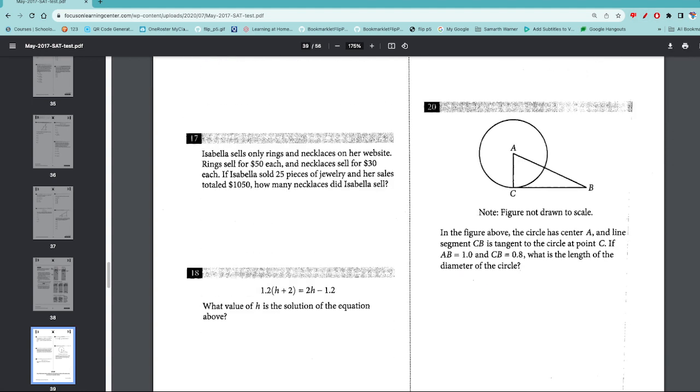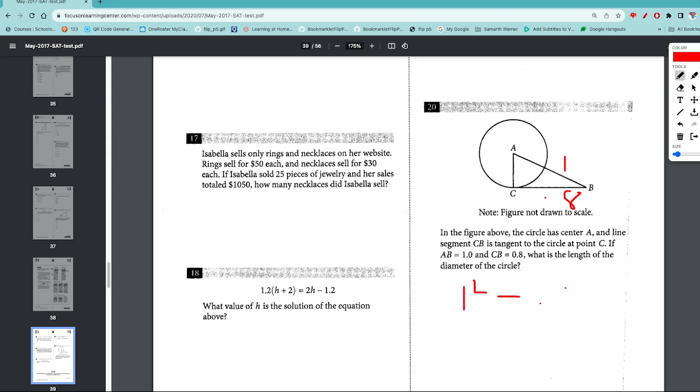Alright, 20. What is the length of the diameter of the circle? We know AB is 1, and they're saying CB is 0.8. Okay, we need to find this, right? The hypotenuse is 1, so 1 squared.